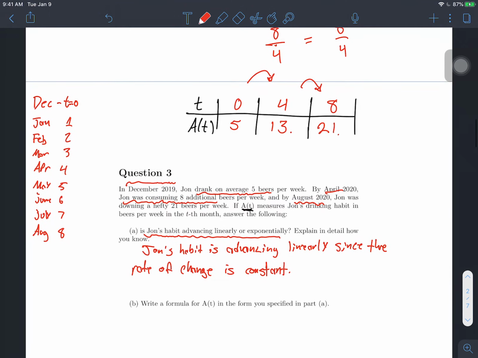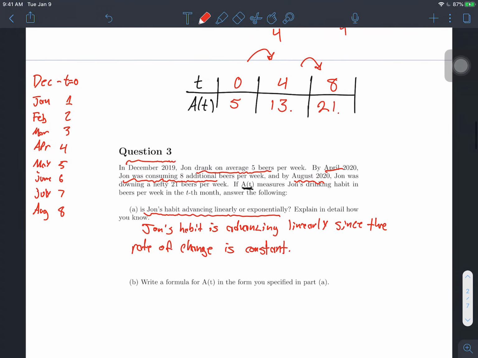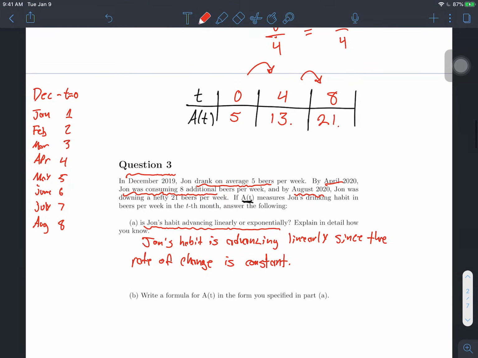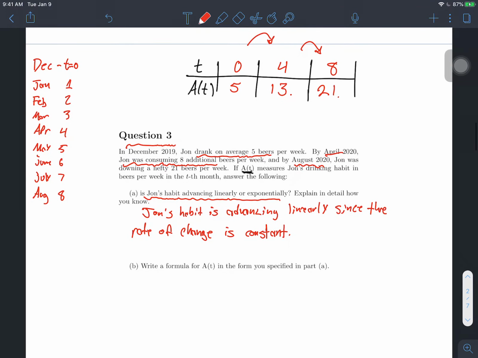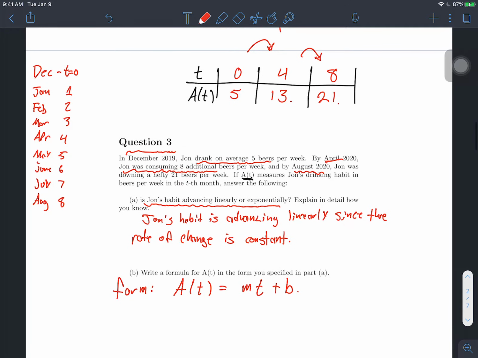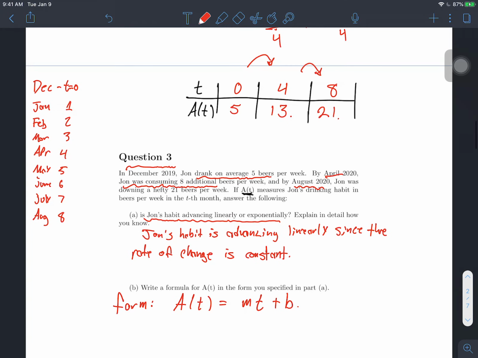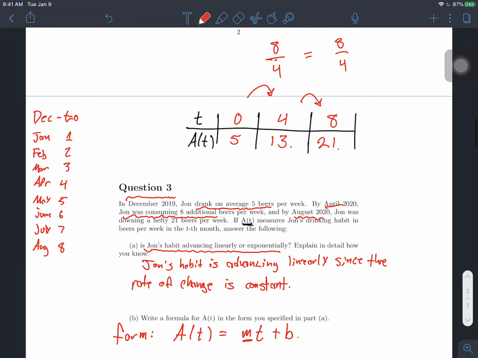Okay, so that's already a hint for the next problem, where we're going to have to actually find a formula for a of t in the form which we specified in part A. So we know that it's a linear function. The form I should be looking for should be a of t equals mt plus b. Now I think that my m here, my slope, is going to correspond to the rate of change between each of these two data points.